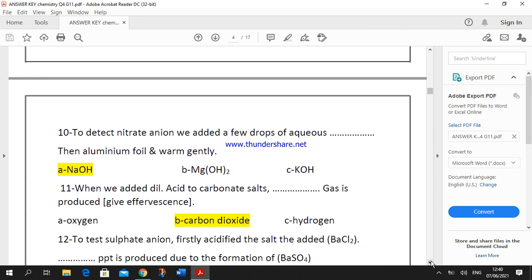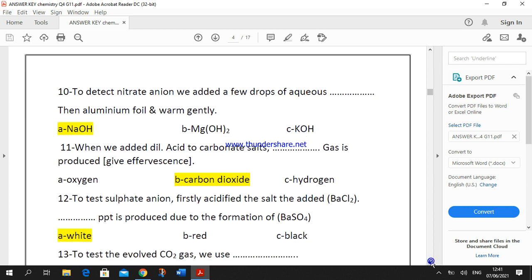In this lesson we also talked about how to detect different anions and cations, and about the flame test. To detect the nitrate anion, we add a few drops of aqueous sodium hydroxide, then aluminium foil, and warm gently. After this reaction, ammonia is produced, characterized by its pungent smell.